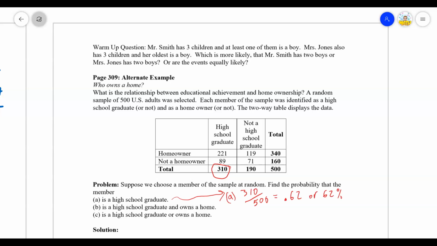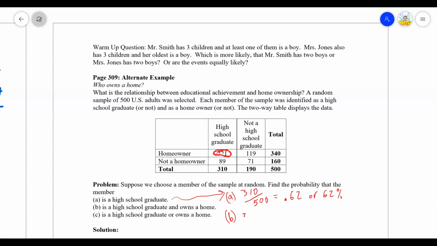That is part A. Part B: is a high school graduate and owns a home. So I need two things happening there, and a simple word like "and" or "or" makes a huge difference here. This time the person is a high school graduate and they own a home. So it's not all 310 of these. I'm only looking at these 221.